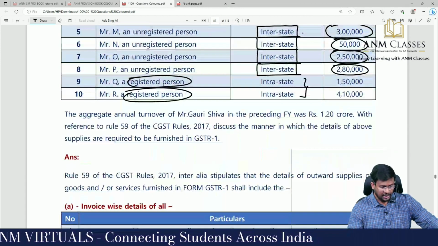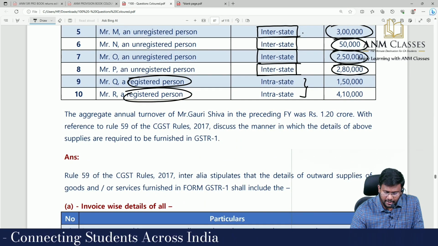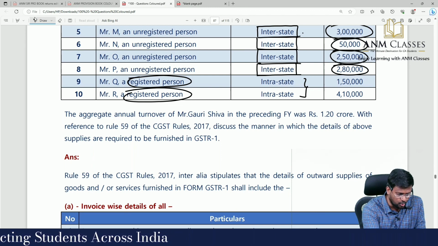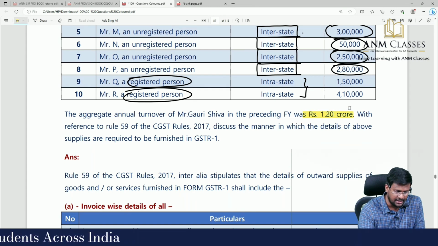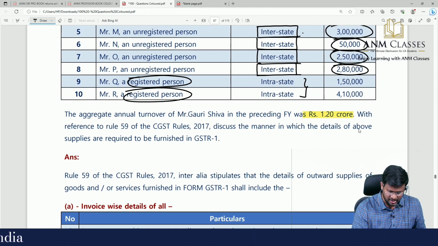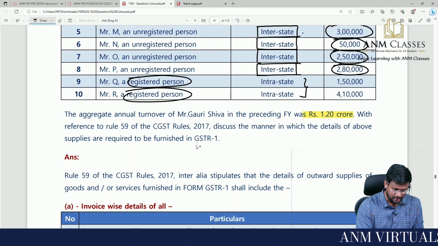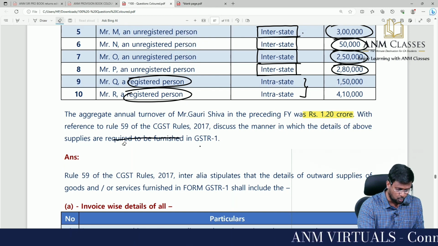The aggregate annual turnover of Mr. Gauri Shiva in the previous financial year was 1.2 crores. With reference to Rule 59 of CGST Rules, discuss the manner in which the details of above supply are required to be furnished in GSTR 1.